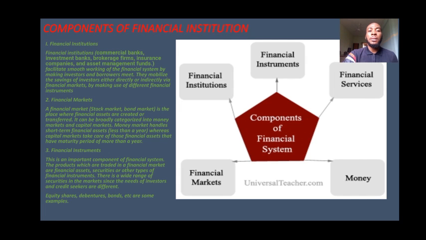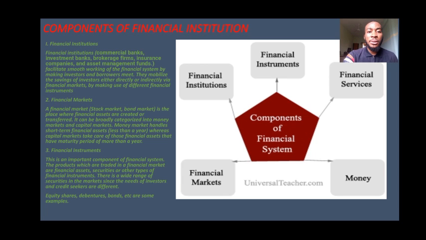And let's look at the components of the financial system. Number one, financial institutions. Look at the diagram, you can see five of them: financial institutions, financial instruments, financial services, financial markets, and money. What then are financial institutions?